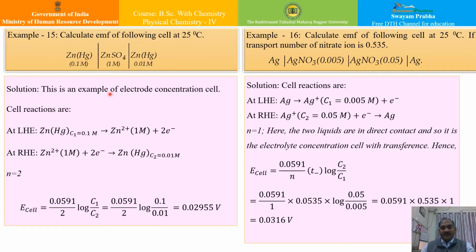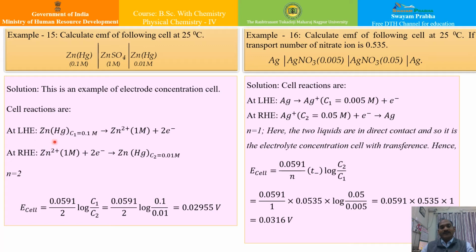kind of cell. Now in this cell, the zinc amalgam electrode is in contact with the zinc sulfate solution of 1 molar, whereas the zinc amalgam electrodes are of two different concentrations, one of 0.1 molar and one of 0.01 molar. So this is clearly an example of an electrode concentration cell wherein my EMF can be calculated using this particular formula.